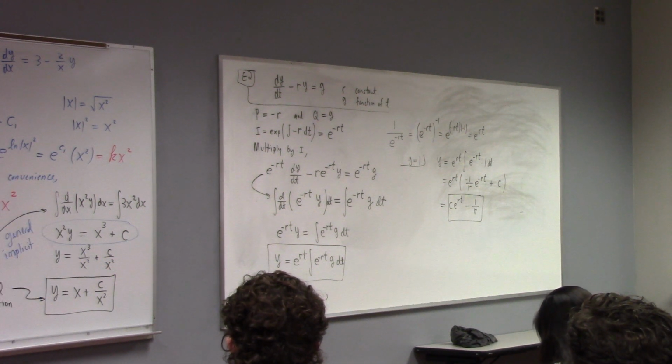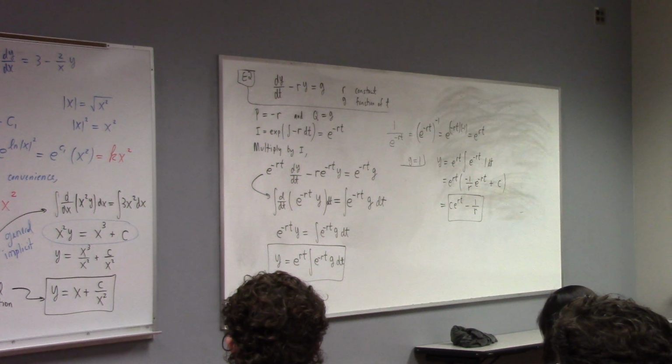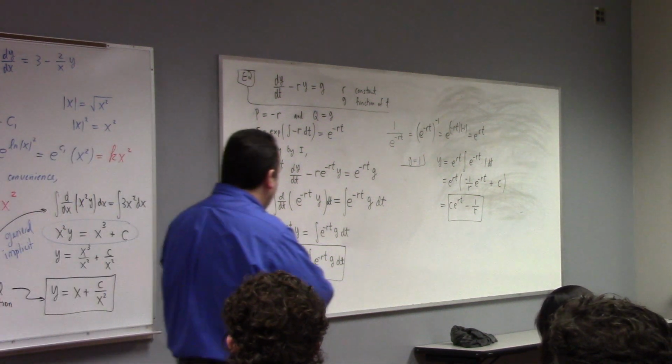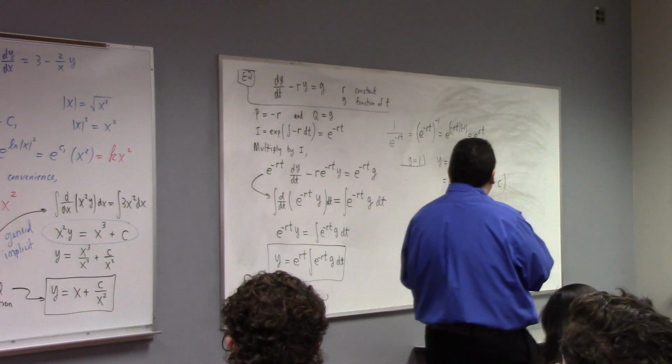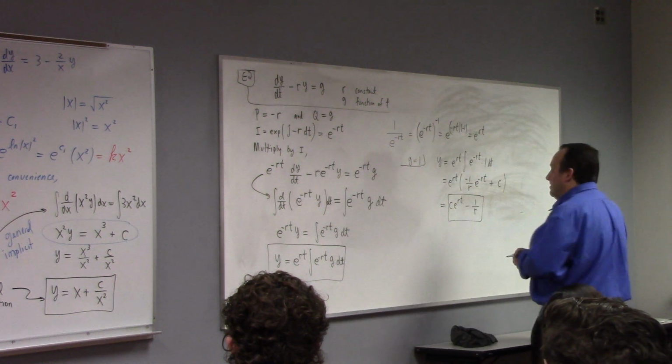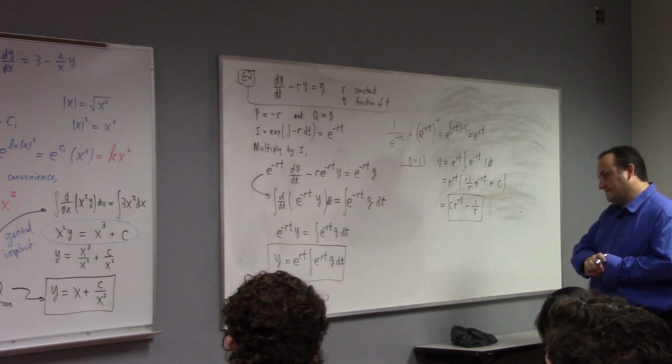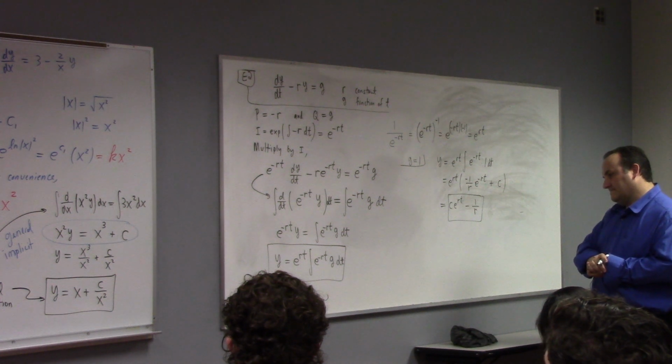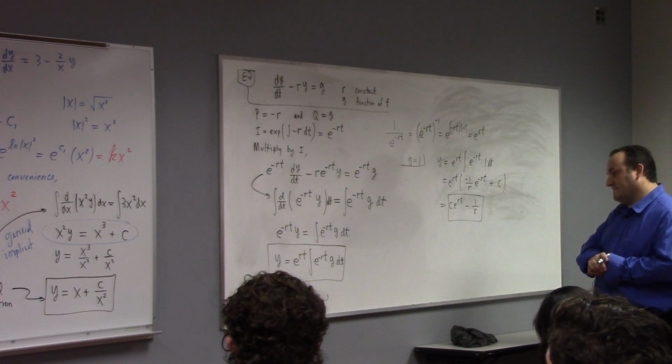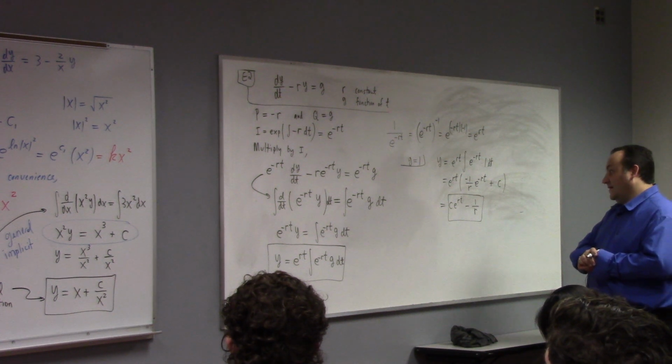So no matter what C is, that solution is going to have the same derivative? How is that possible? It's a solution to the original differential equation. And that means no matter what C is, it has the same differential, right?